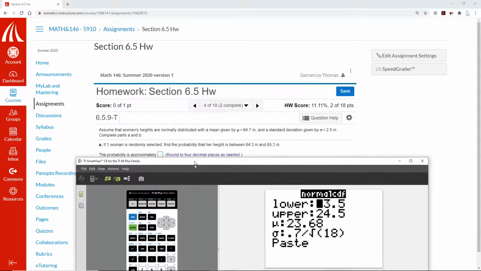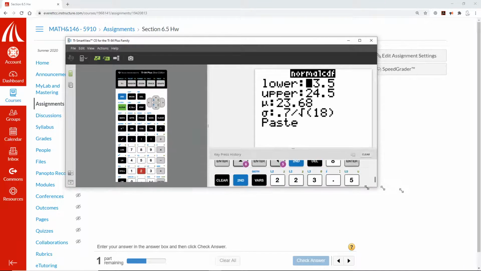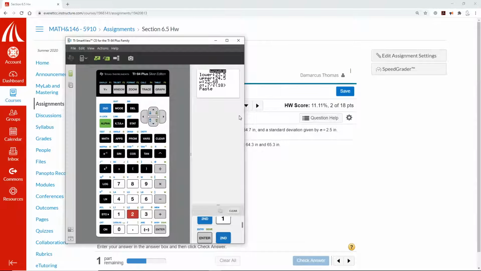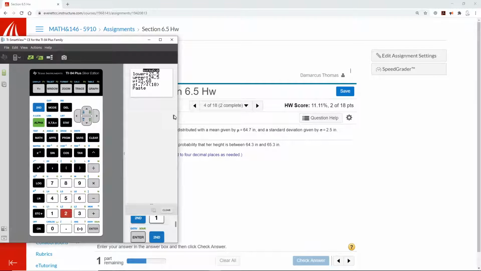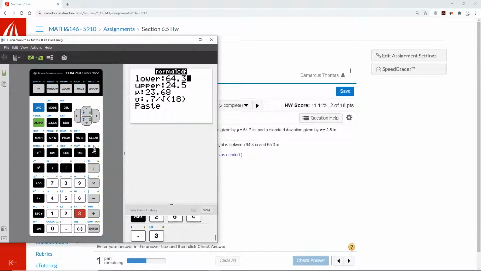I do the lower bound, 64.3, the upper bound, 65.3, then the mean, 64.7, and then the standard deviation is 2.5.